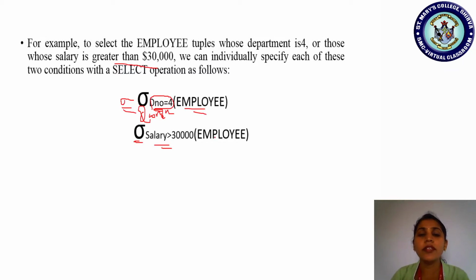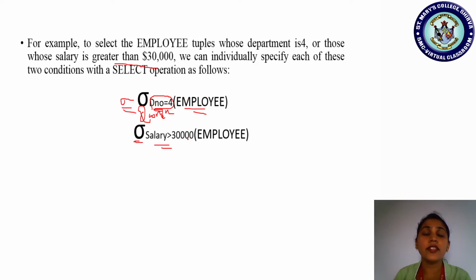Whichever employee's salary attribute column is greater than 30,000, only those employees' information will be displayed. Let us assume that among 50 employees, some 20 employees' salary is above 30,000. When this select operation with the condition salary greater than 30,000 is executed, it is going to give two sets of tuples.